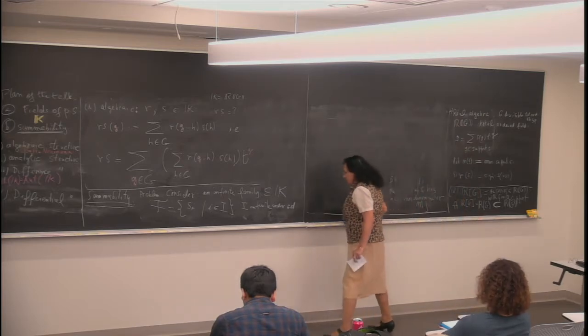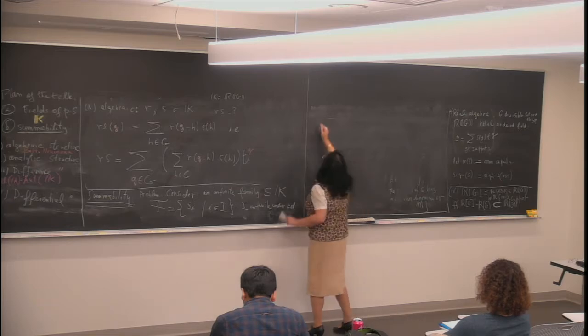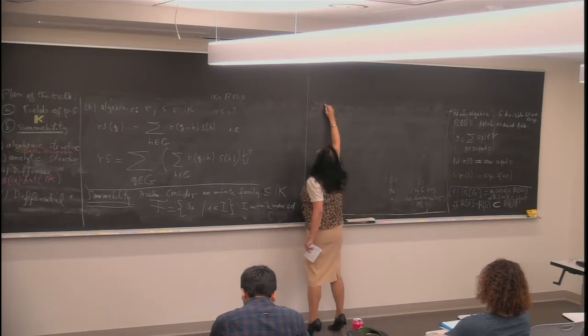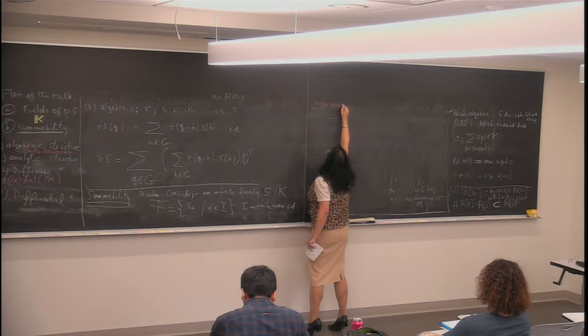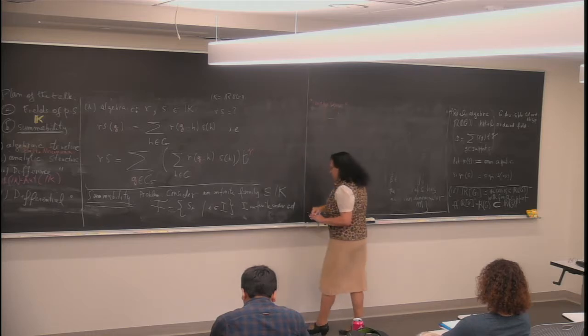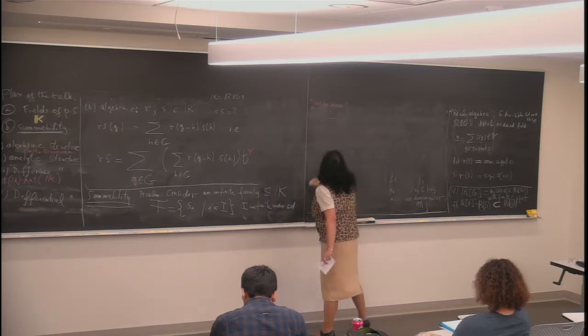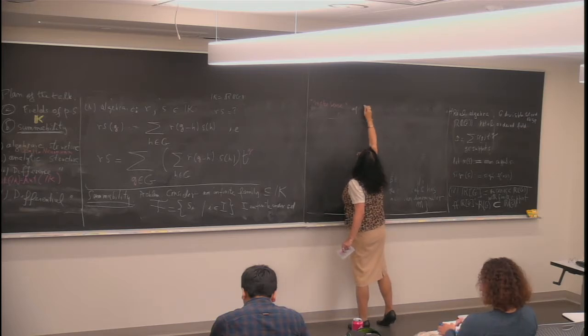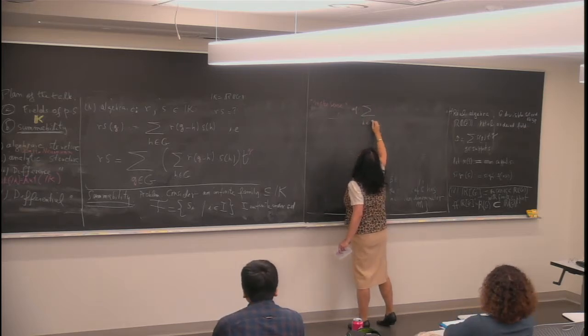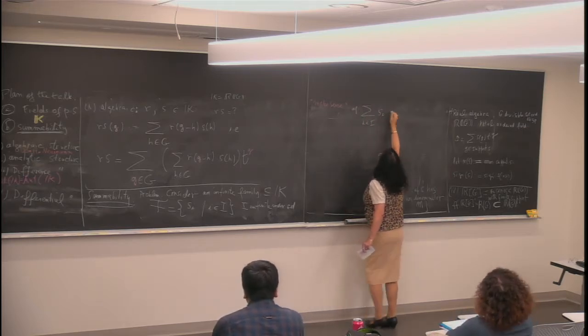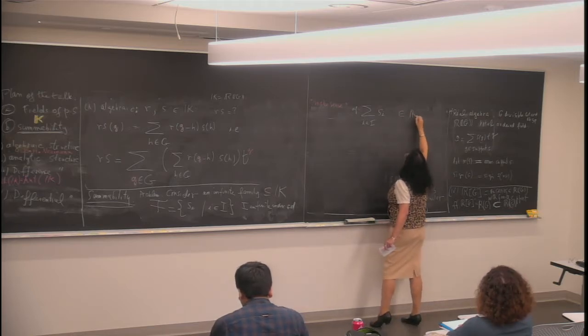For example, the two examples I gave you in the beginning, I gave them for that purpose. The example of t to the minus n and the example of nt do not make sense.